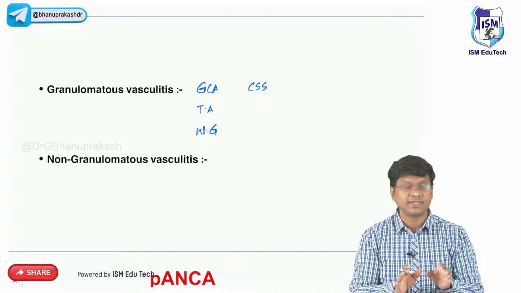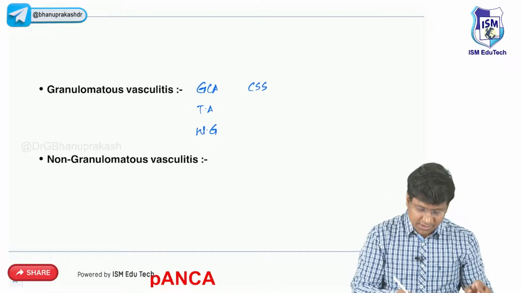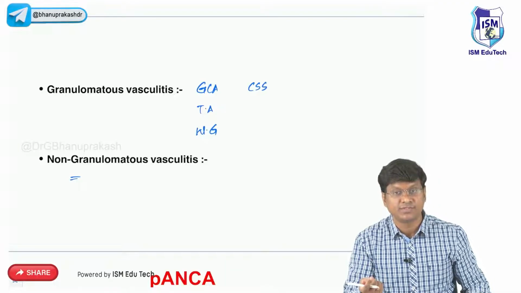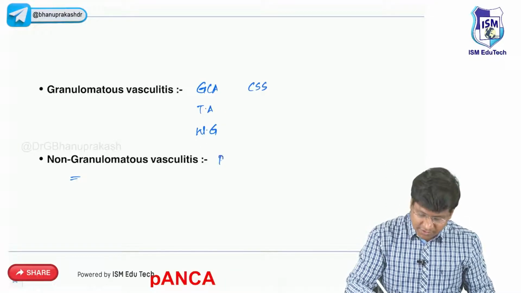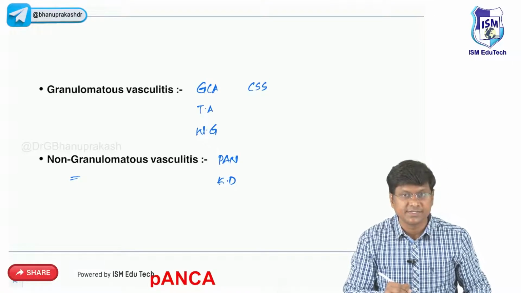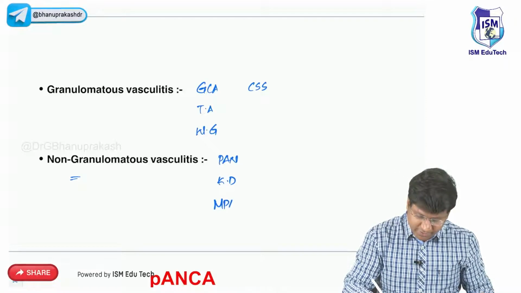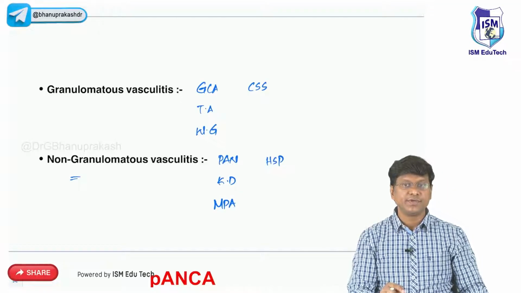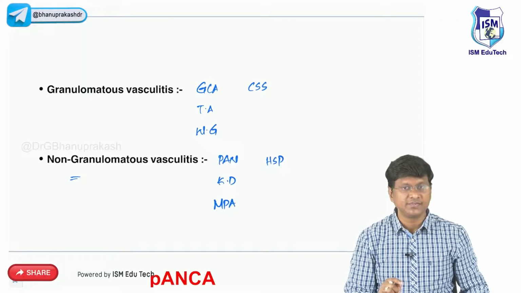These are all the vasculitis where you have granuloma formation, right? The non-granulomatous vasculitis you come across in patients with Polyarteritis Nodosa, then Kawasaki disease, microscopic polyangiitis, and then Henoch-Schonlein Purpura.